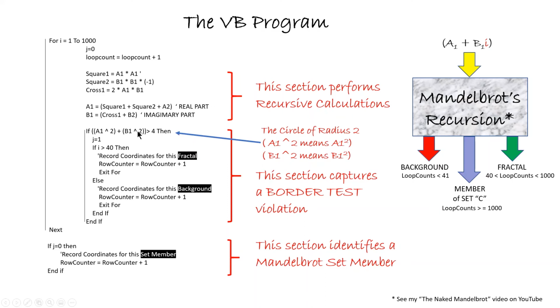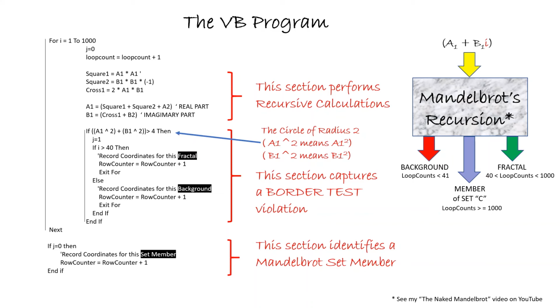Well, it turns out in geometry that if you have a circle whose center is at the origin, then you can take any point away from that origin, and you have an A1, for example on the x-axis, and B1 on the y-axis, and you square them and add them together, and that will give you the radius squared. So 4 is the radius squared. Well, what's the radius? The radius is 2. All right, circle of radius 2.